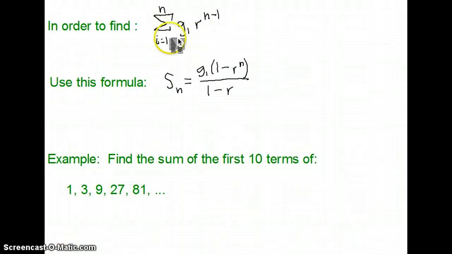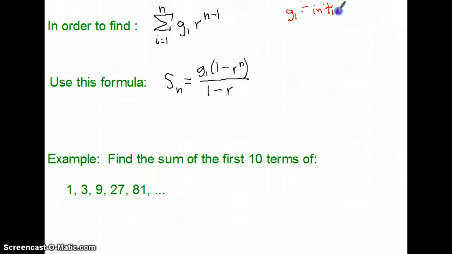Okay, so I just rewrote those two things here. If we're trying to find the sum of, as the sigma means, the sum of the first n terms of this sequence, that tells you some things here, like g sub 1 always stands for the initial term, like the initial value.